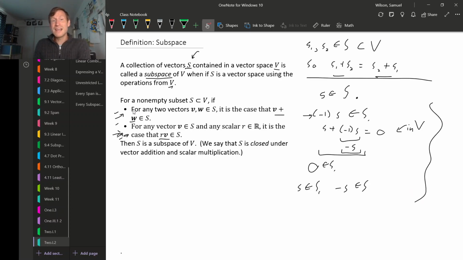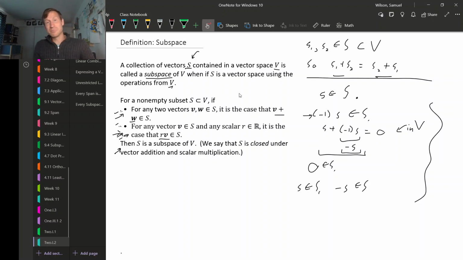So this proves that for a subset inside a vector space, if you can show these two closure properties, then your subset really is a subspace of V. Of course, if you have a subspace of V, it does satisfy these two closure properties. So what we're saying is for subsets of a vector space, being closed under these two operations is equivalent to being a subspace. So saying a subspace is a vector space kind of makes you think, uh-oh, there's going to be a lot to check. But no, there are actually just these two things to check.